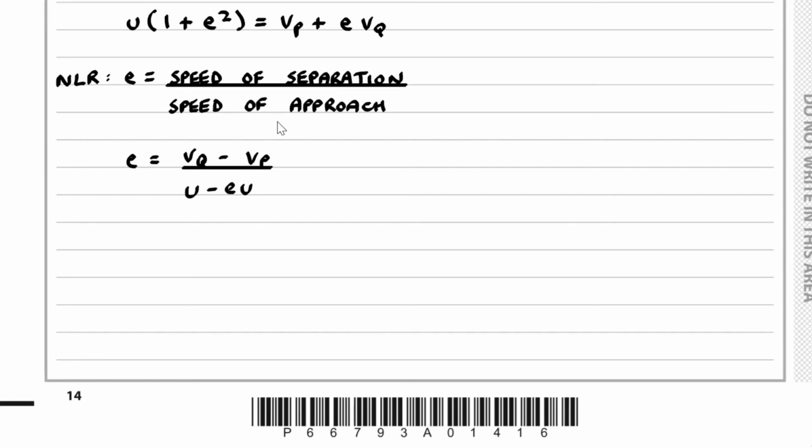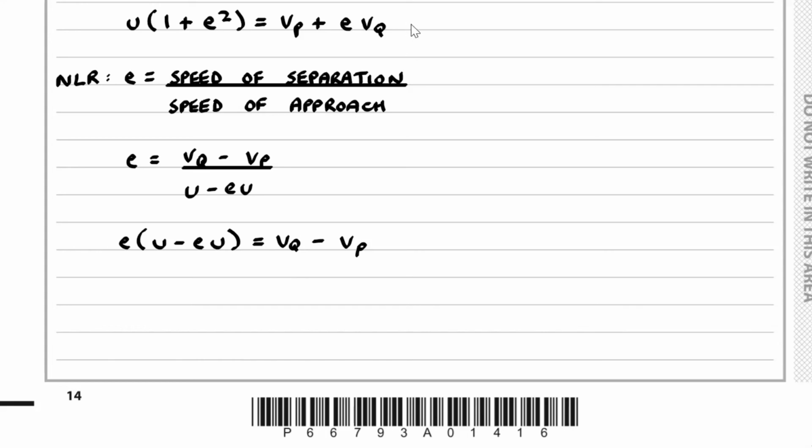And if I multiply both sides by u minus eu, we end up with e lots of u minus eu equaling vq minus vp.